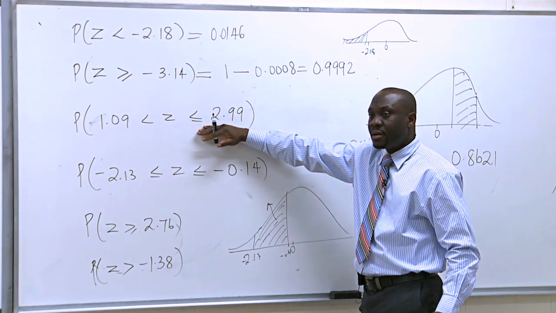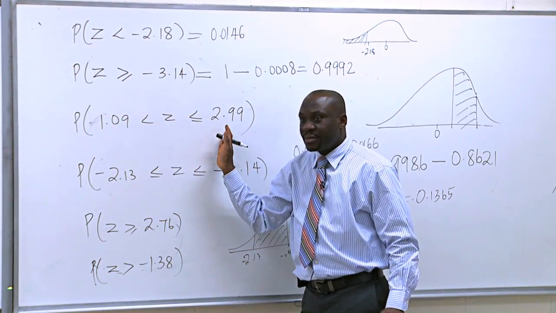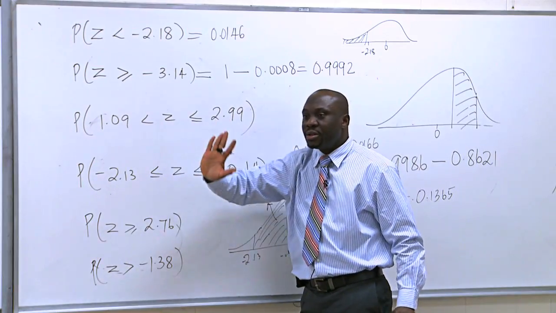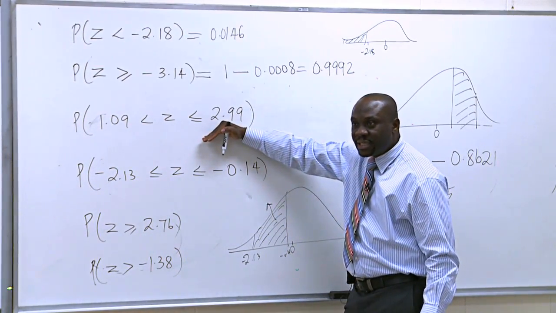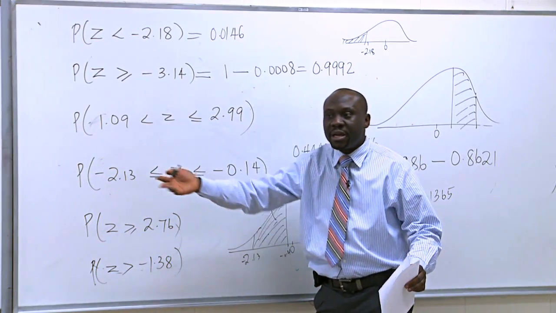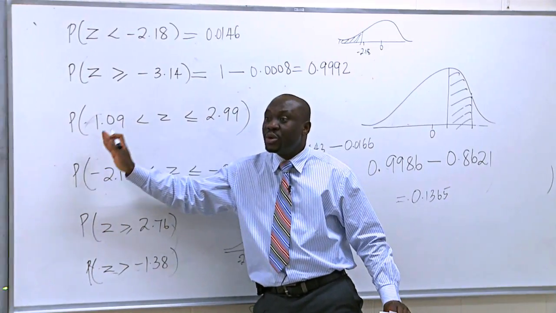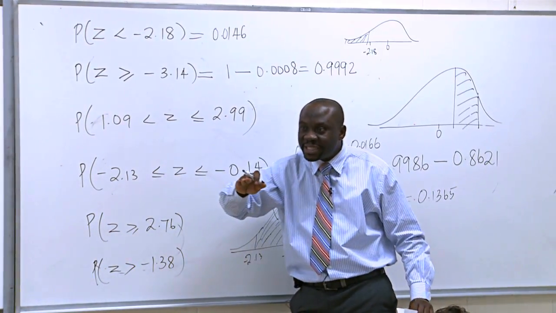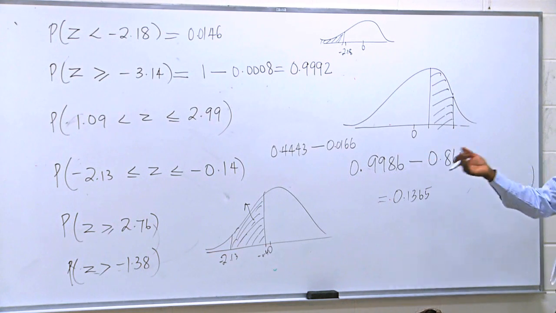But just make sure you don't subtract these two numbers. As long as you are not subtracting these two numbers, you're fine. So you can read this first, that second, then subtract the smaller one from the bigger one. Otherwise, if you decide to subtract this from this, you get a negative number, and probability cannot be less than 0. That's why you want to do the bigger one first.